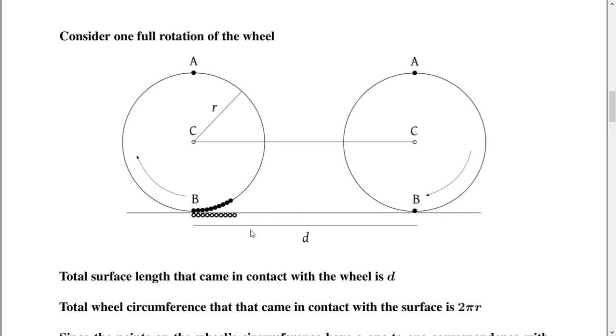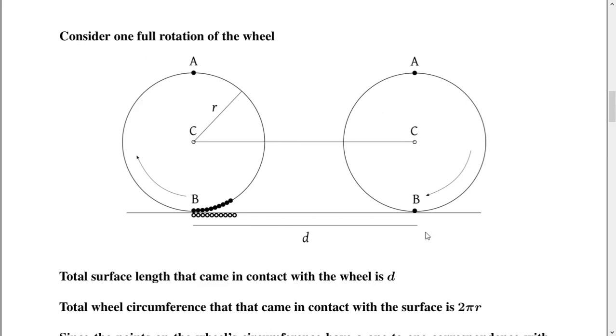Let's say D is the total surface length that came into contact with the wheel during this motion. The total wheel circumference that would have come into contact with the surface is 2 pi r, right? Because B has made one full turn, so a whole circumference would have come into contact with the surface.